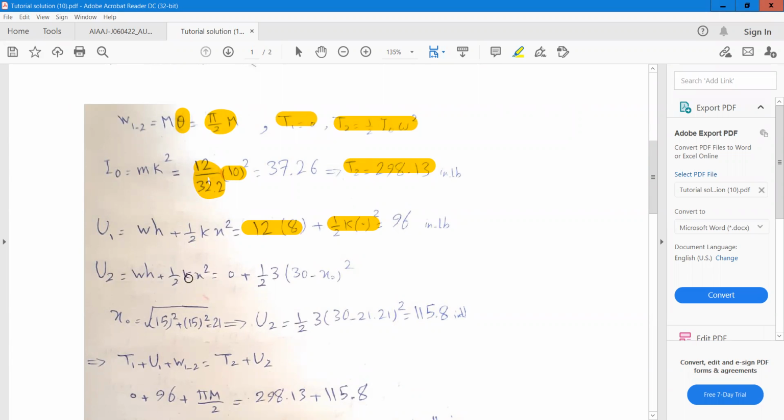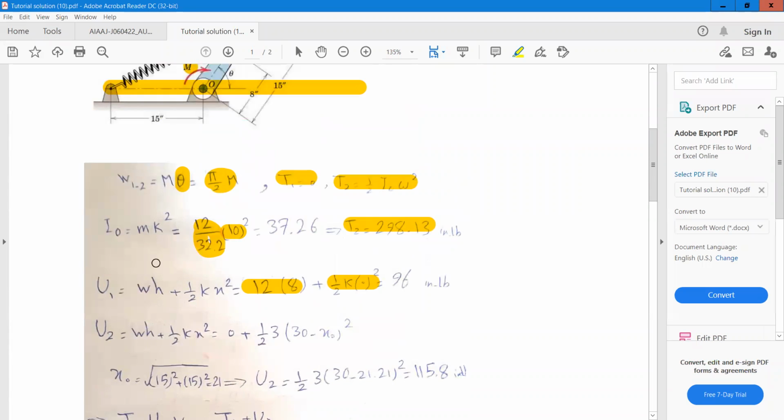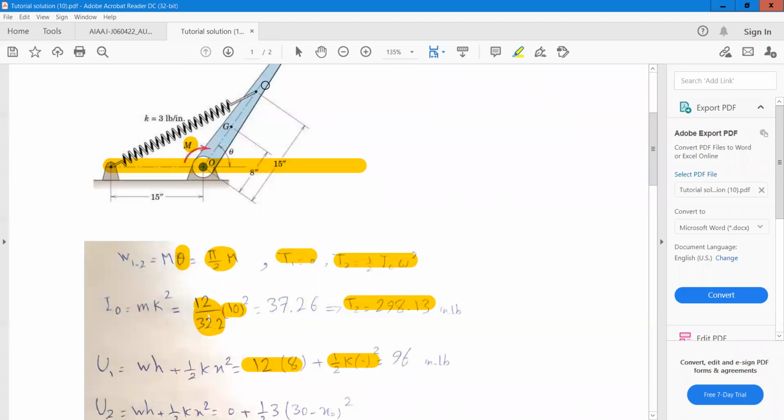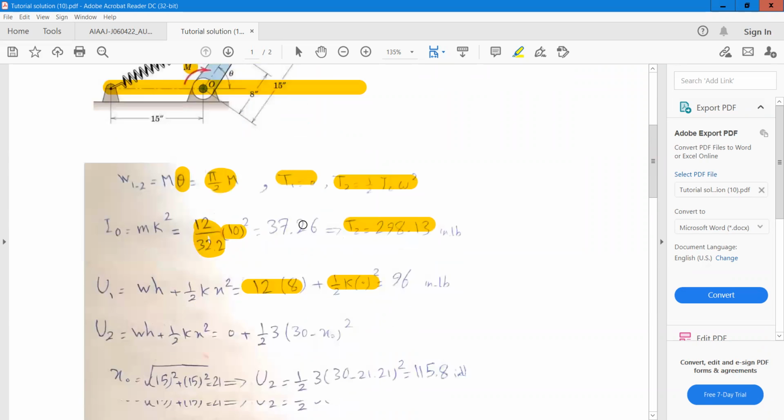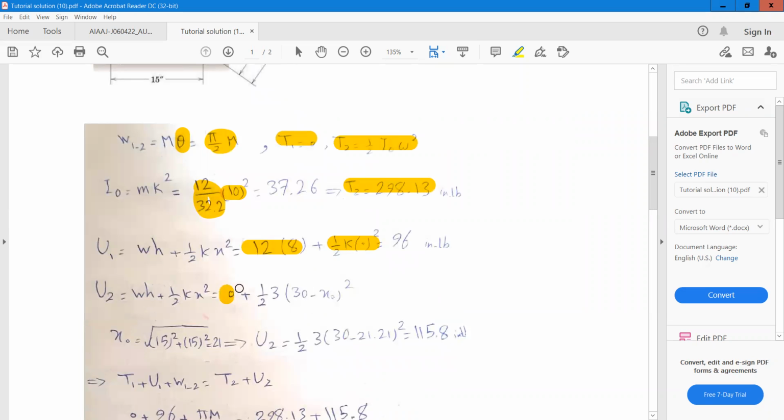the spring. In the second position, or final position, when this lever is in a horizontal position, it means that the mass center is located on the datum level. So you can see here we have 0 for the gravitational potential energy. But for the elastic potential energy, we have half k x squared, which means we need to calculate the x.